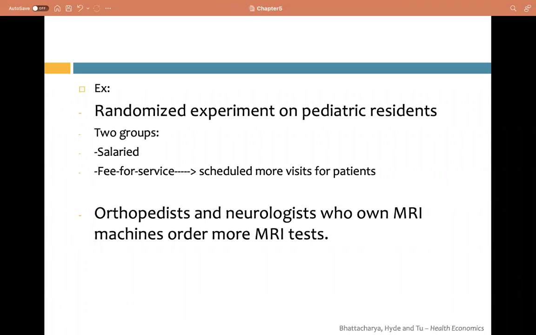In the fee-for-service group, doctors will get more income if there are more visits scheduled by the patients. They found in this randomized control trial that orthopedists and neurologists who own MRI machines will order more MRI tests because that will increase their income.